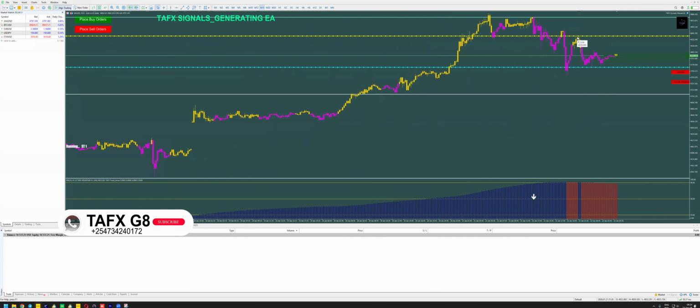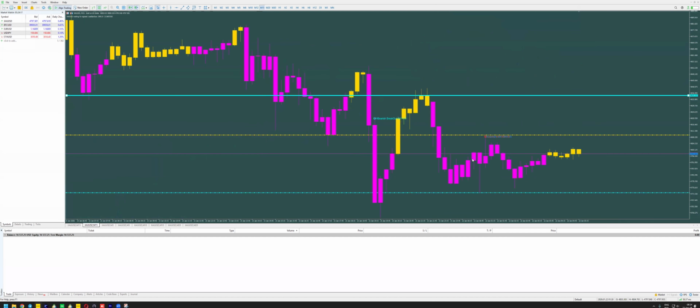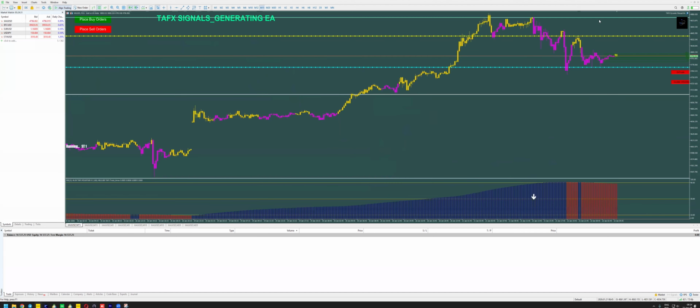In order for you to be sure, the market will come to this area, and the market will break this resistance. So where next? Where is the next resistance that we are expecting this market to go? It is at this place, but the system has already shown you that there is another resistance here.